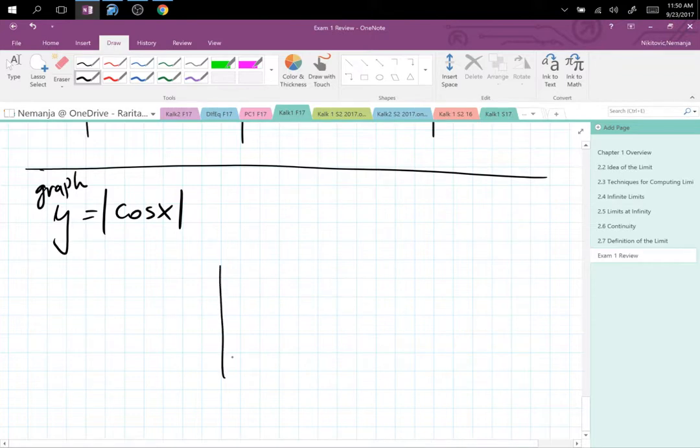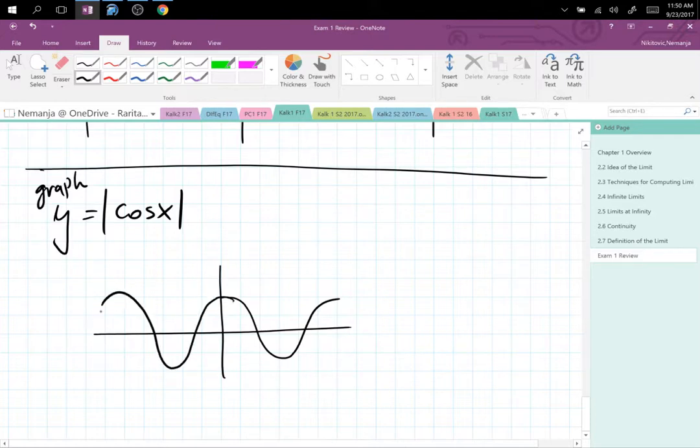So, if you draw the cosine, you know it does this, right? And then you take each one of these negative, and bump it up. And then you take an eraser, and you erase the negatives.